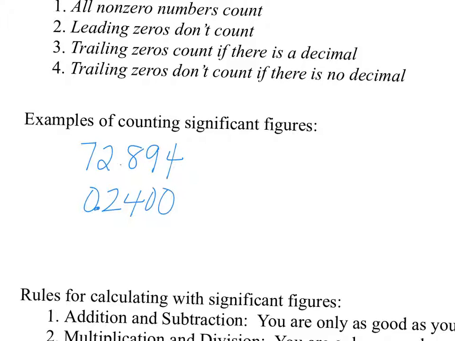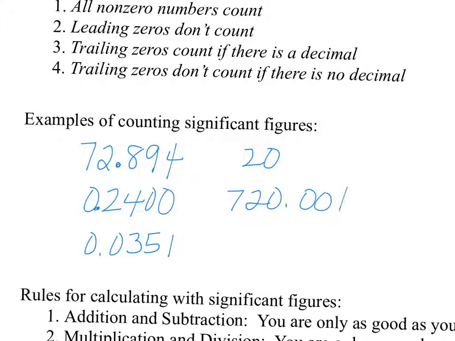Give me another one. 0.0 what? 3. All right. So I added 2.